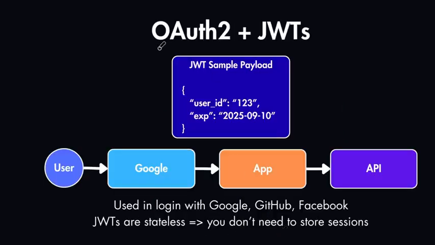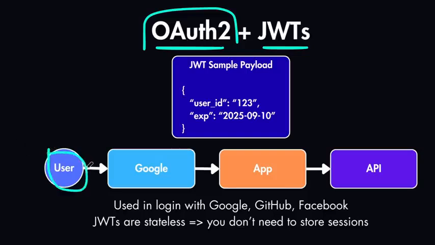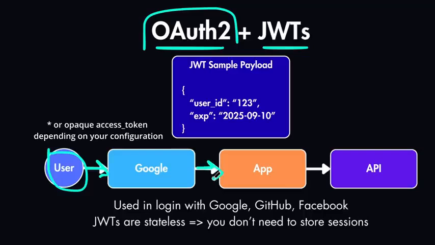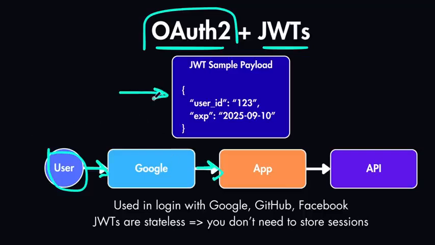The next type is OAuth2 authentication in combination with JWT tokens. So OAuth2 is a protocol which is the second version of OAuth. It lets users log in through a trusted provider like Google or GitHub. So user sends a request to access your resources. And if you allow them to authenticate with Google, basically Google sends your app a JWT token which contains the information of this user. This is how that payload will look like.